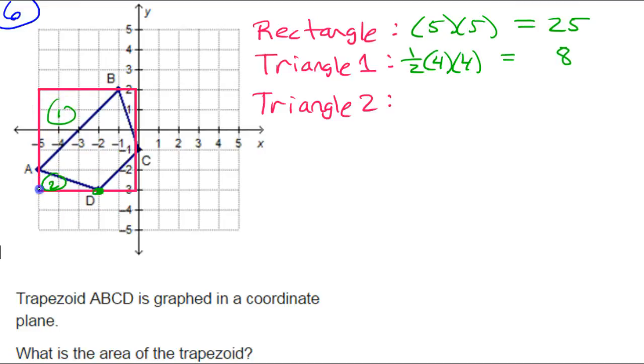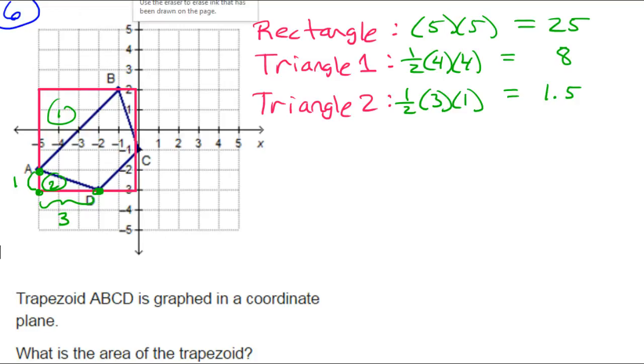The base of this triangle is 3, and the height is 1. So I'm going to do 1/2 base times height. That's 1/2 times 3 times 1. 3 times 1 is 3. Half of 3 is 1.5. So there's triangle 2. Okay, let's keep going.